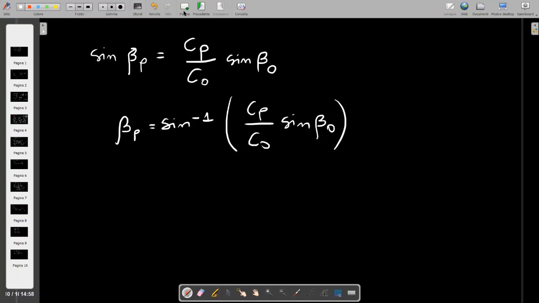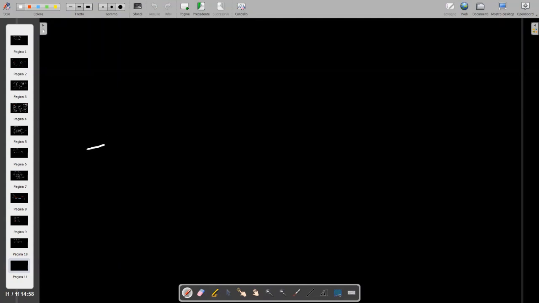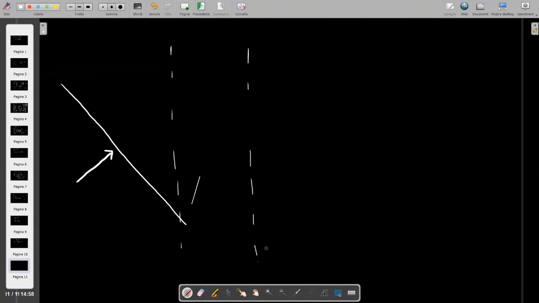So we can write a kind of sketch. Offshore, we have this wave direction, and then the wave crest is something like that. Here we have the bathymetric line. At the point O, at the point P, the wave angle is decreased down to 9 degrees.